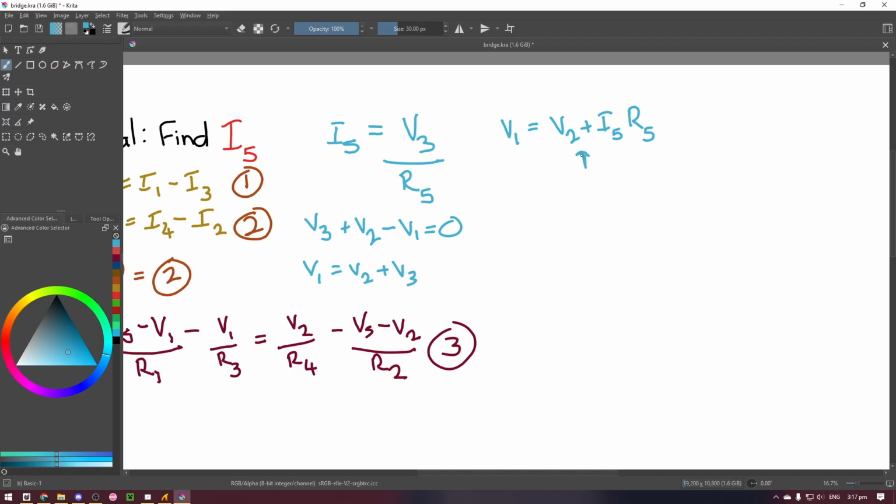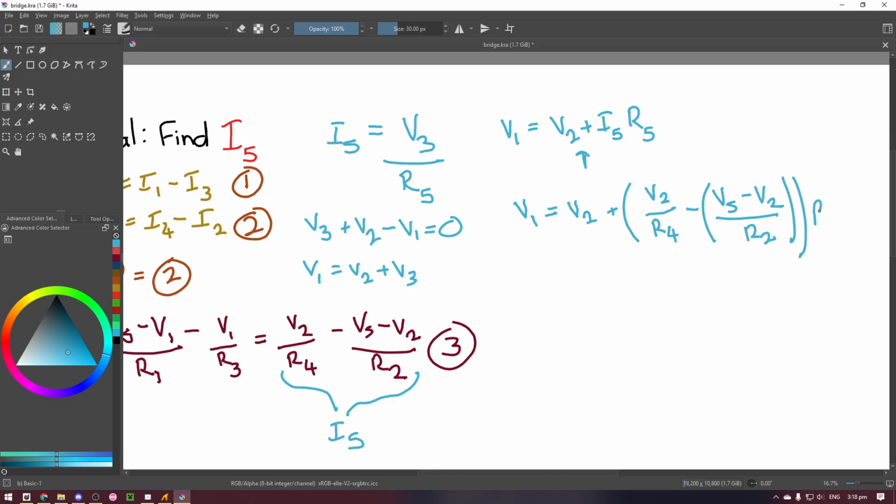Now that we have this equation, we can substitute this, which we previously said was I5, into I5 here in order to remove an unknown, to have V1 and V2 be the only unknowns in this equation. V1 equals V2 plus brackets V2 over R4 minus V source minus V2 over R2, close brackets, R5.